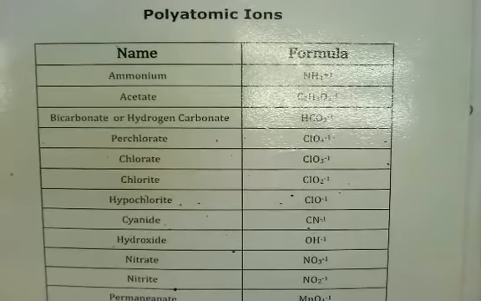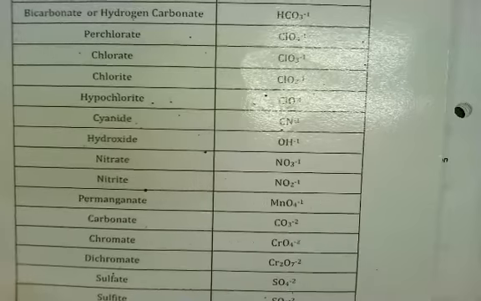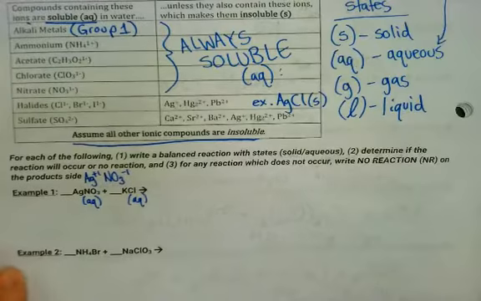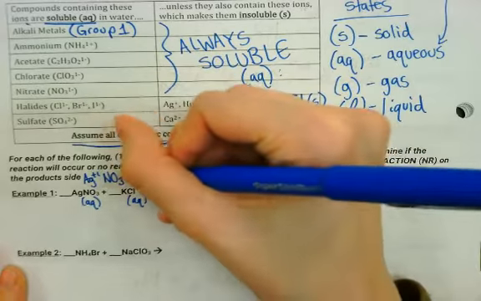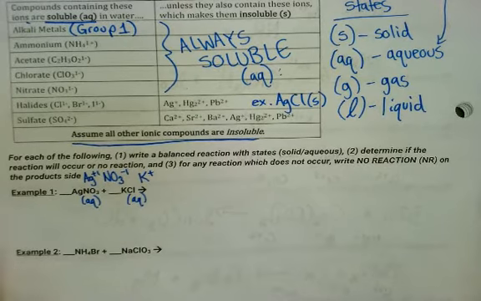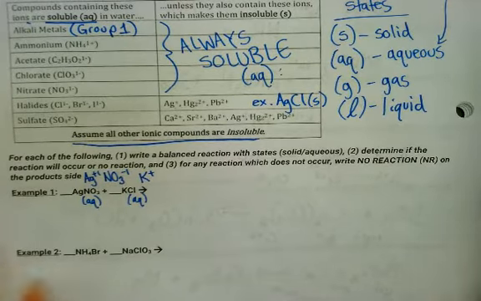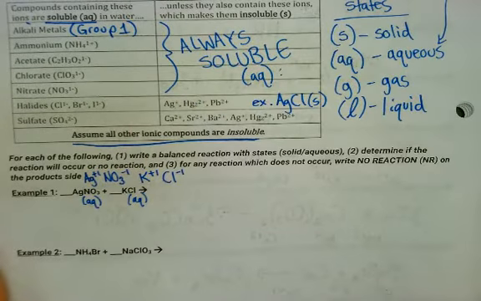We have that handy-dandy chart, which will tell us that we have a charge of -1 for nitrate. So there are my 2 ions that make up that compound. My other compound is potassium chloride, and I know that potassium is going to have a +1 charge because it is in group 1, and my chlorine is in group 17, so it's going to have a -1 charge.